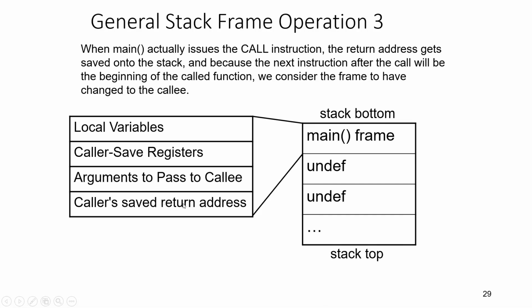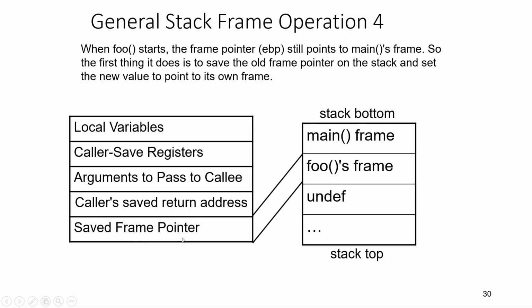And then the caller saves the return address. If you are confused about this, it's simple. Caller saves return address means after executing your subroutine, the next instruction in the main function should be executed. So that address will be stored here.